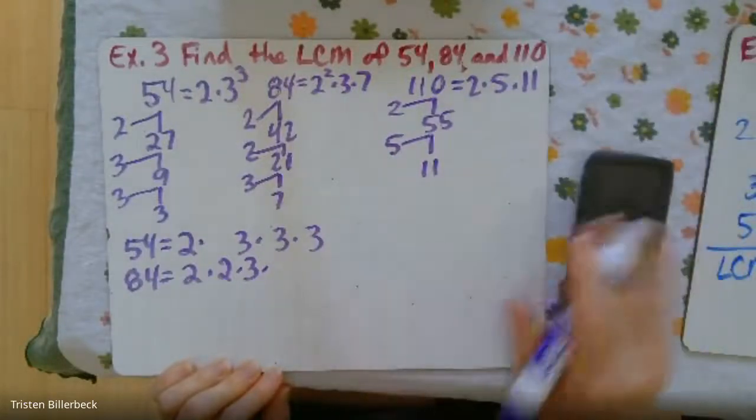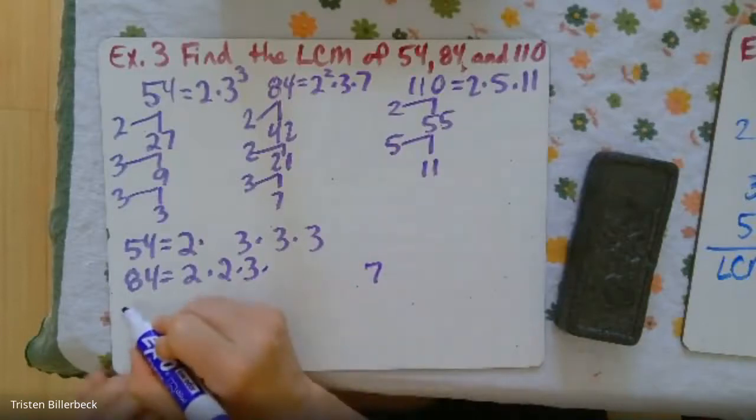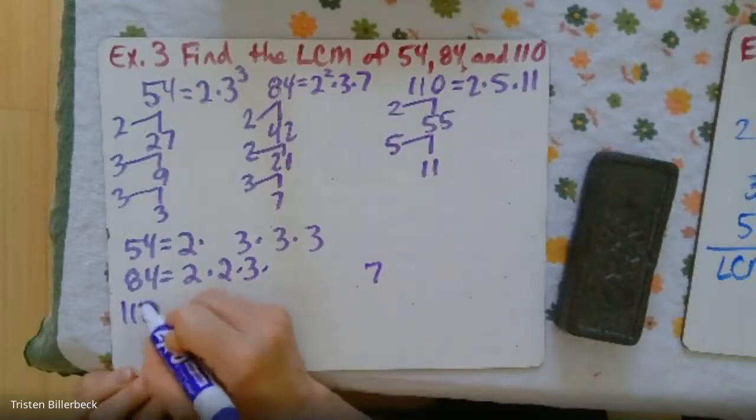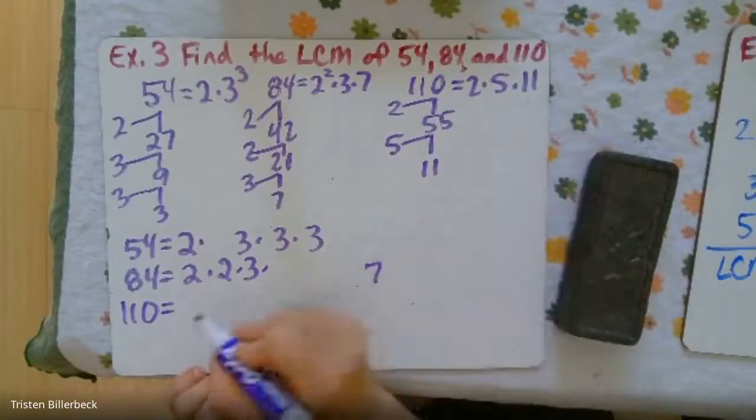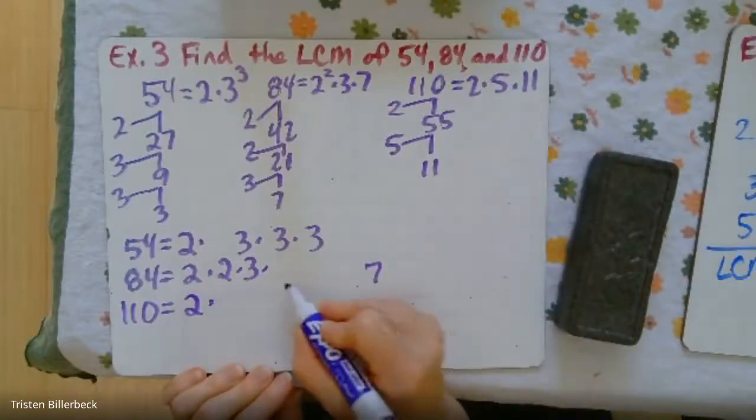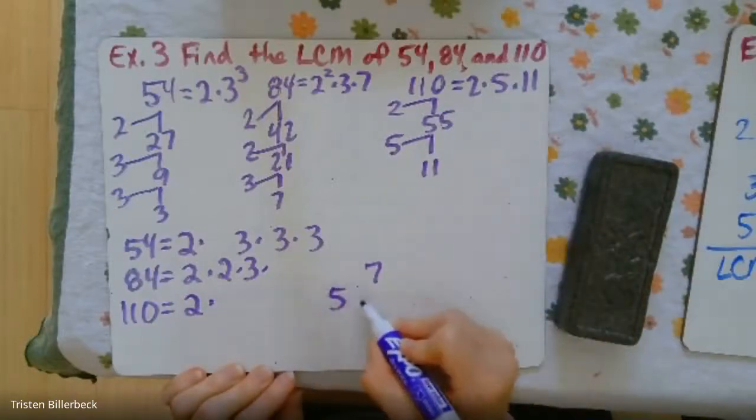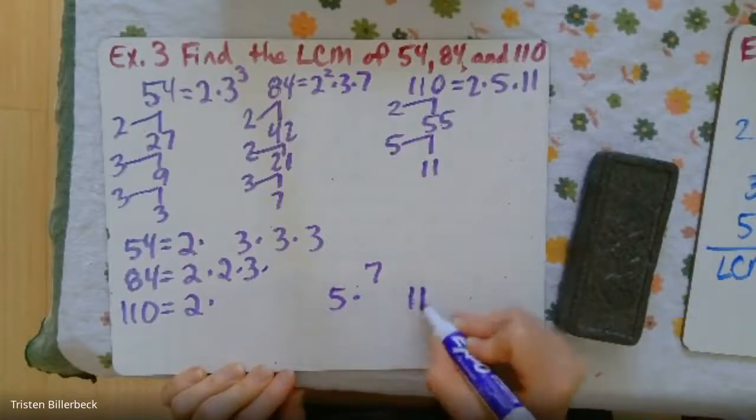Oops, I didn't leave enough space. 7. Okay, so then we have 110. 110 is 2 times, and then we have a 5 times an 11.